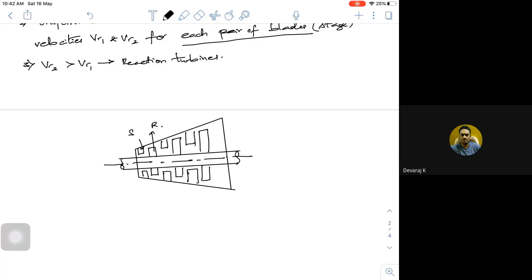Now look at this. What has happened? The steam turbine is diverging. Why is it so?